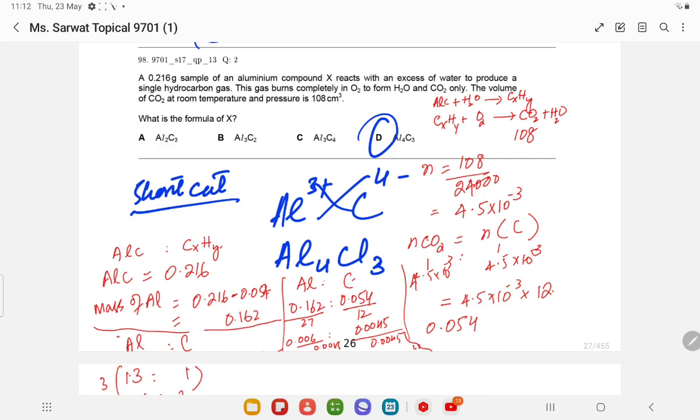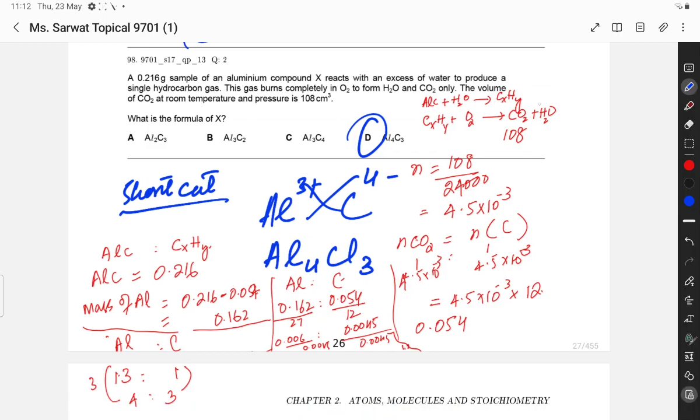So aluminum carbide plus water forms CxHy. CxHy further reacts with oxygen to form carbon dioxide and water, and 108 cm³ of gas is produced. By using mole equals volume over molar gas volume, we get moles of carbon dioxide as 4.5 times 10 to the power minus 3.